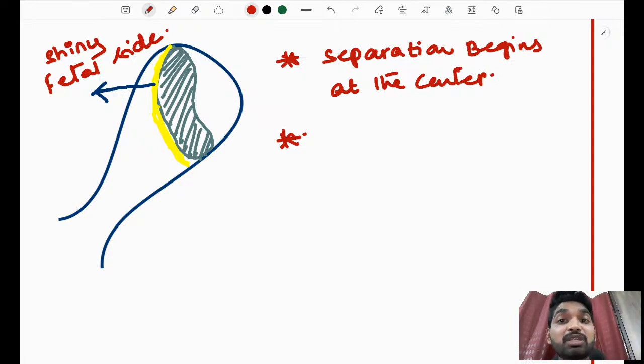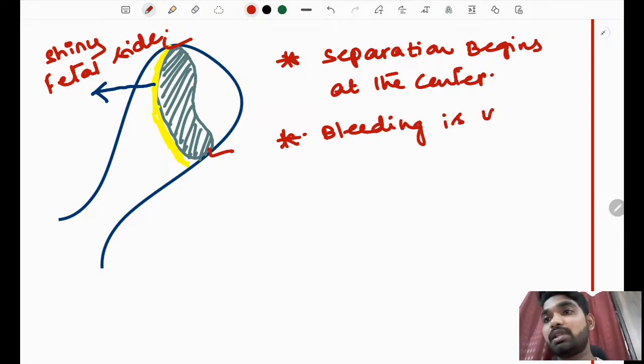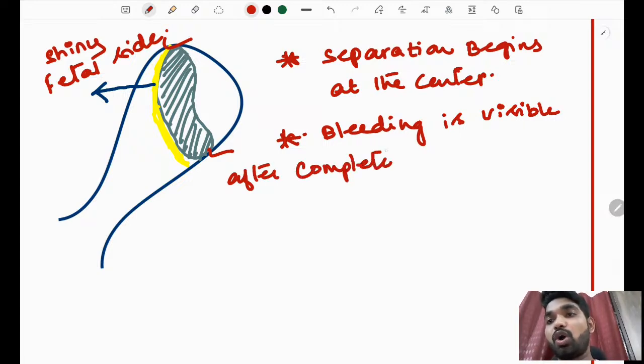Bleeding is visible only once the placenta gets completely separated. Even these edges, once the placenta gets completely separated from the uterus, then only bleeding will be visible. Bleeding is visible after complete separation of placenta.